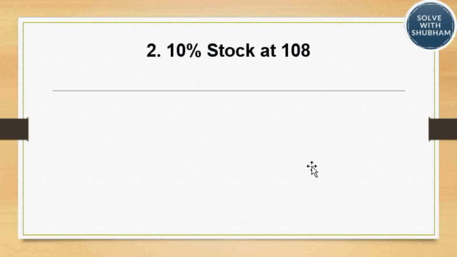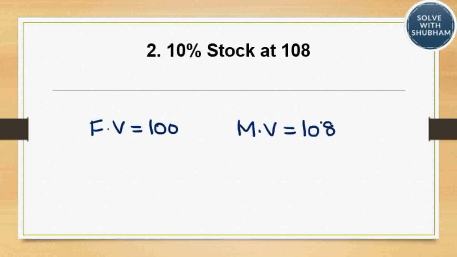Next, 10% stock at 108. So what does it mean? It means your face value is 100, your market value is 108, and your dividend would be 10% on the face value, which is 10 rupees.